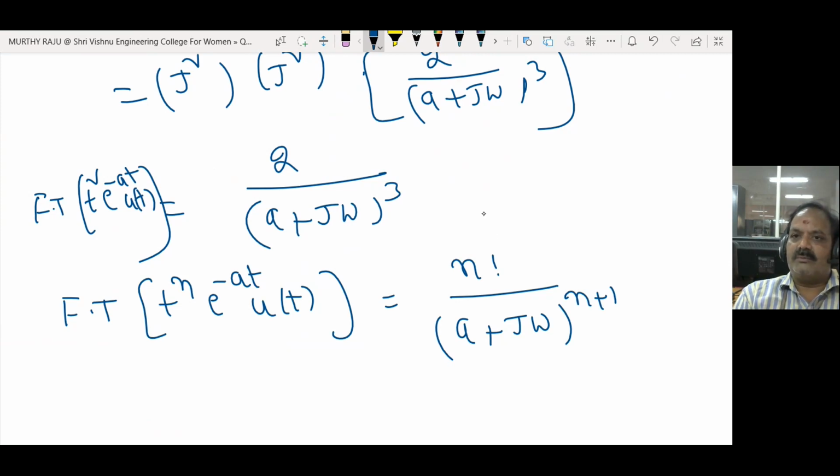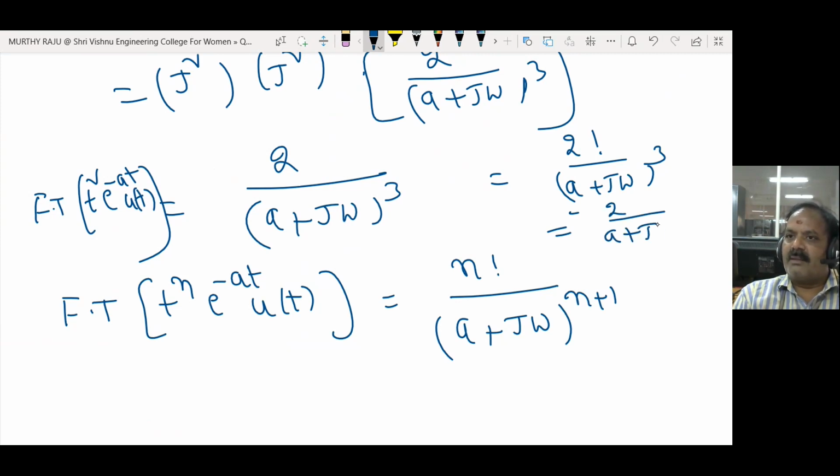Here n is equal to 2, since square means 2. Apply this formula: n is equal to 2 means 2 factorial by a plus j omega whole power 2 plus 1, which is 3. 2 factorial is 1 into 2, so 2 by a plus j omega whole cube. That is the same.